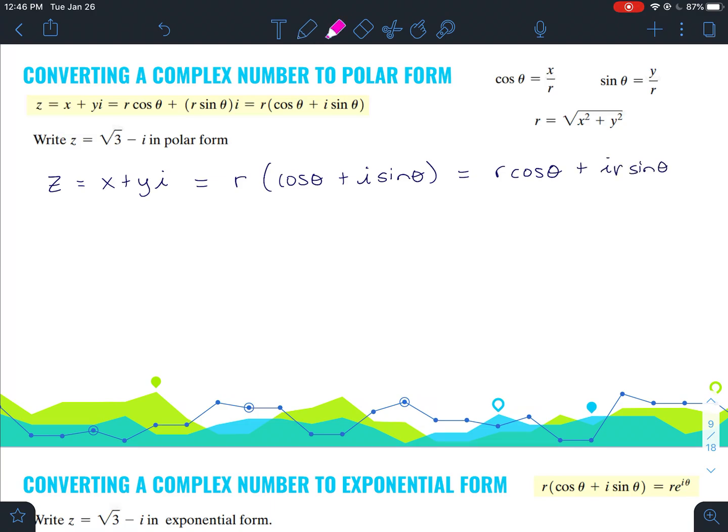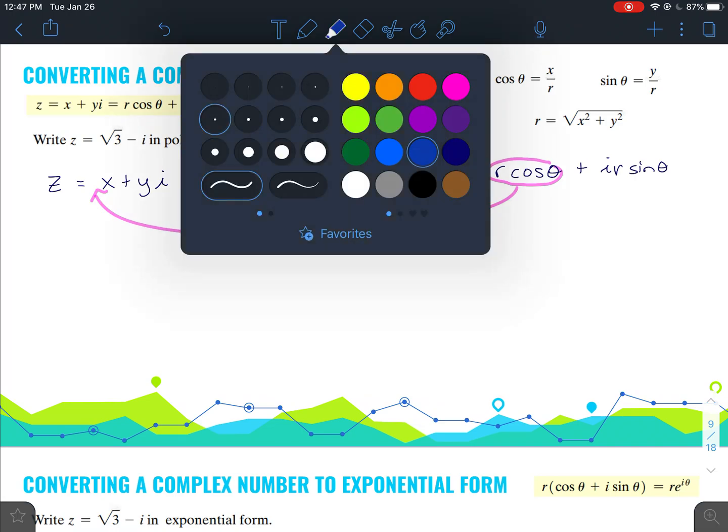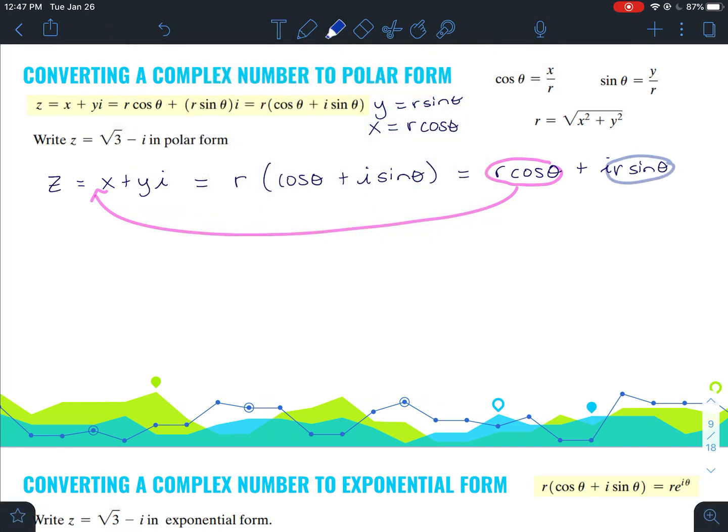And notice, if you remember from our previous sections, r cosine theta is equal to x, and r sine theta is equal to y. So that makes sense that to take a complex number and change it into polar form, you would have r cosine theta, which corresponds to the x, and then you have r sine theta, which corresponds to the y.